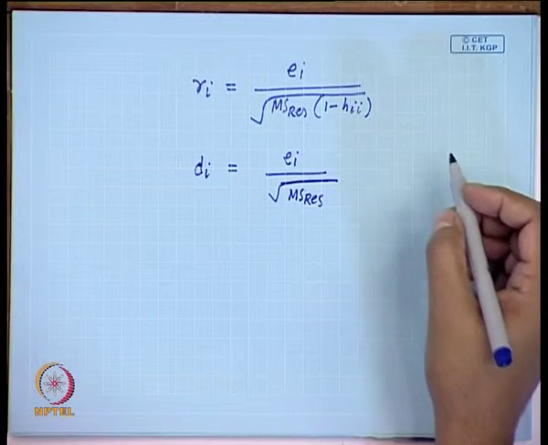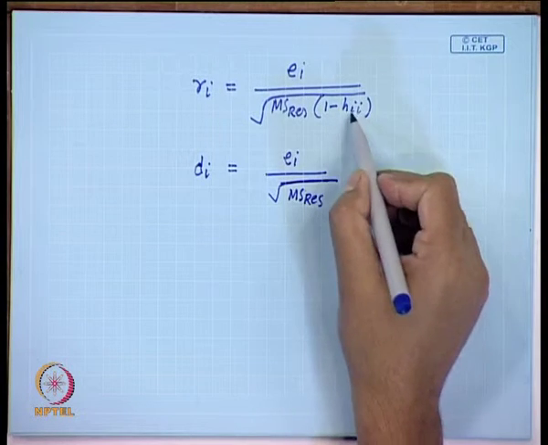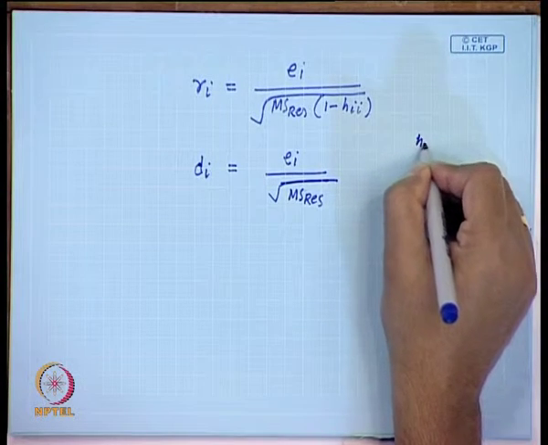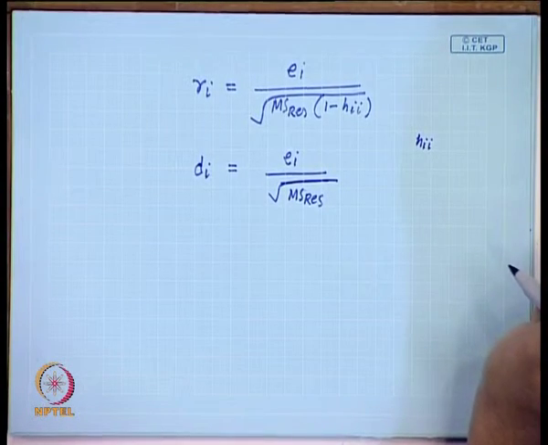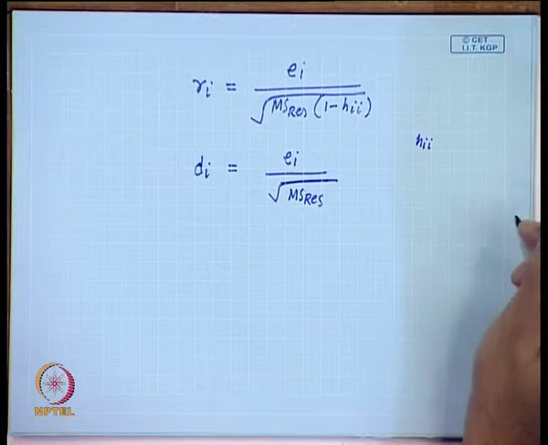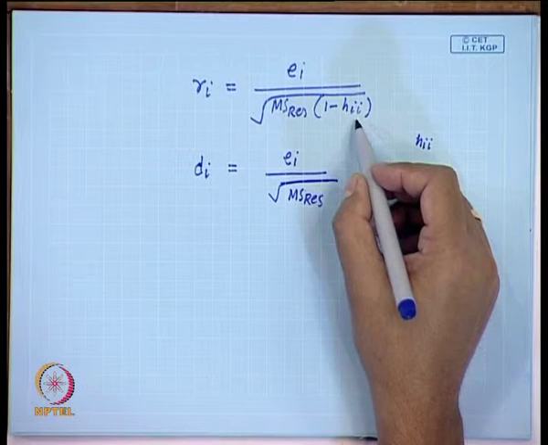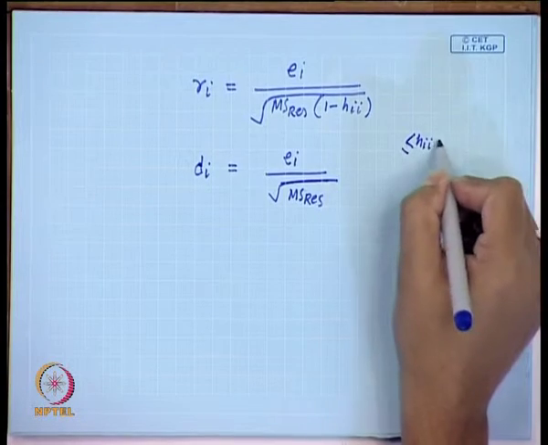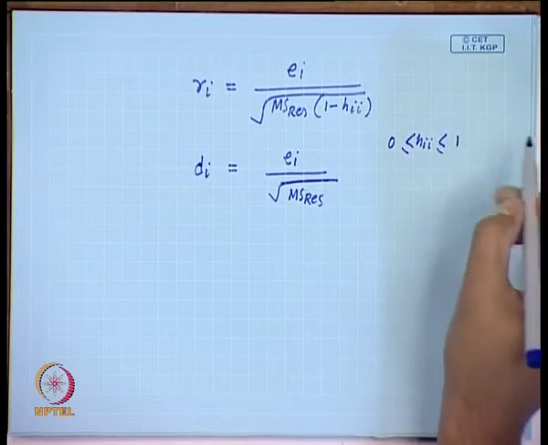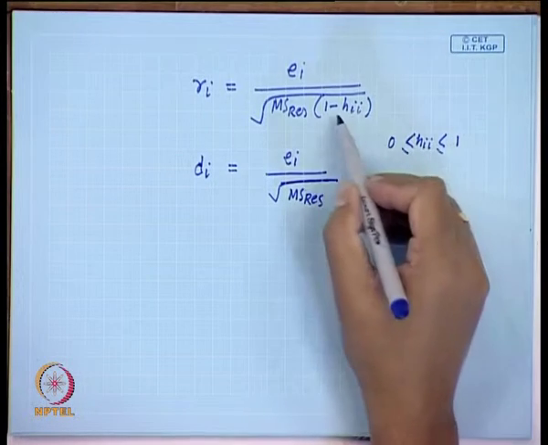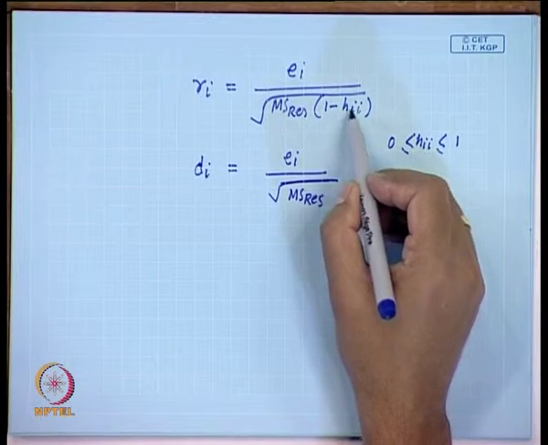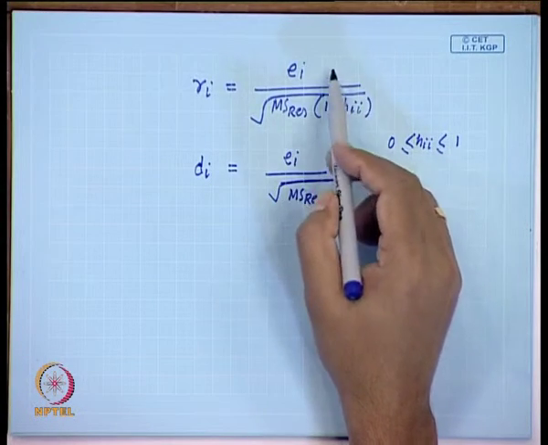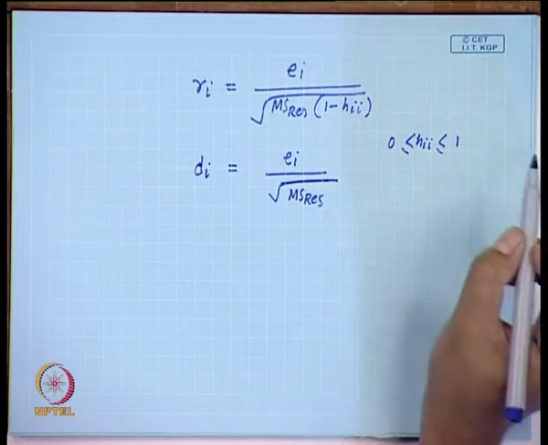Now, if the observation is an influential observation, then h_ii is going to be large. The limit for h_ii is between 0 and 1. If this is large, that means it is close to 1, and then 1 minus h_ii is small. The denominator is small, which means the whole thing is large. Okay.